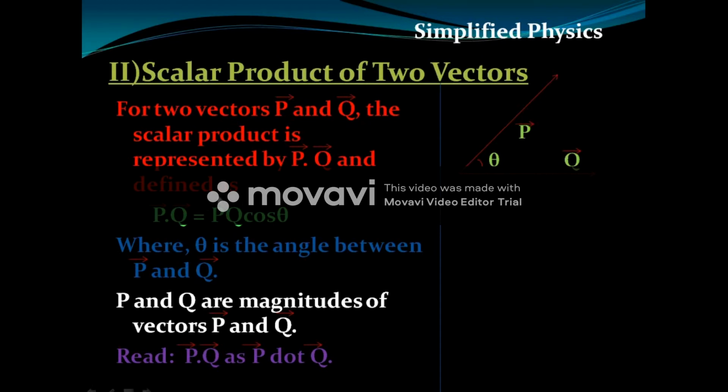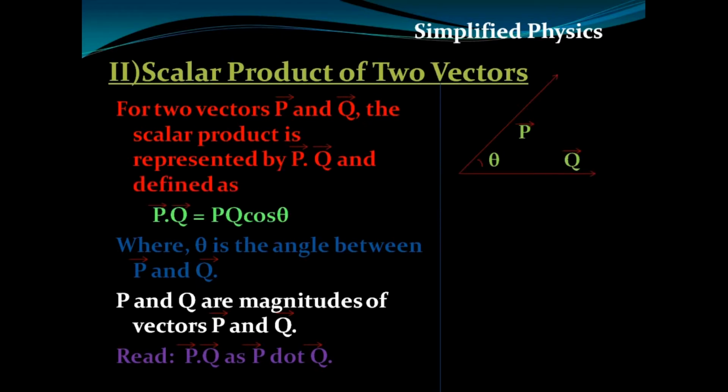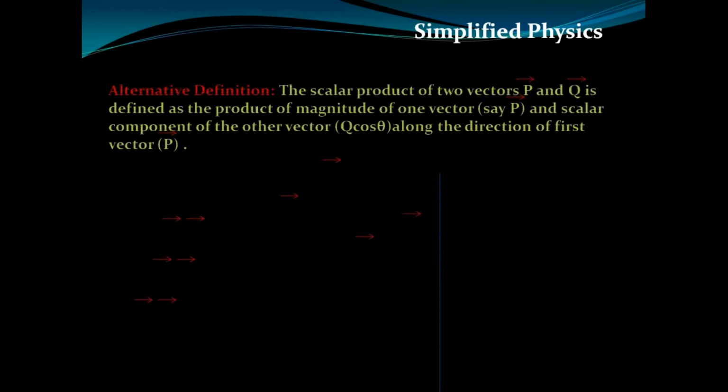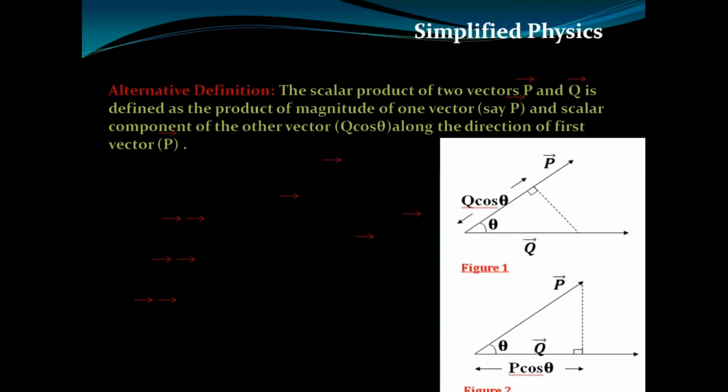It gives a scalar quantity after multiplication, the resulting quantity is a scalar quantity. That's why it is also called scalar product. Let's see an alternative definition.